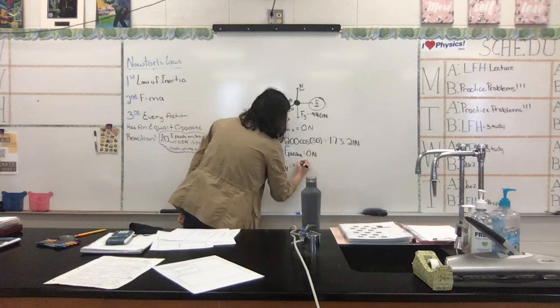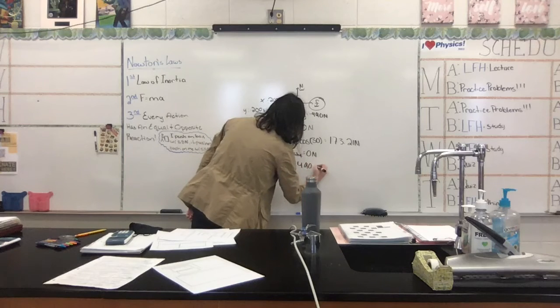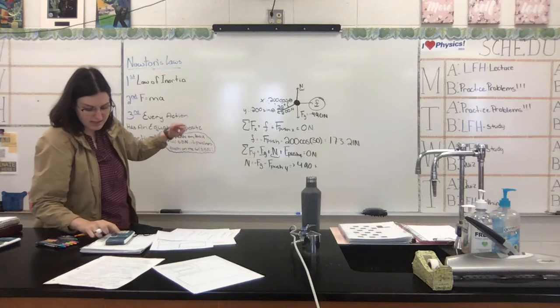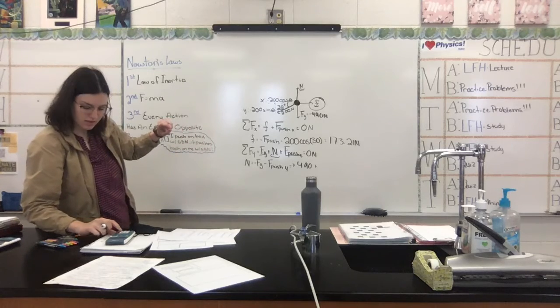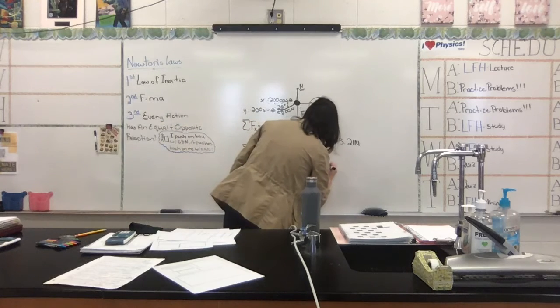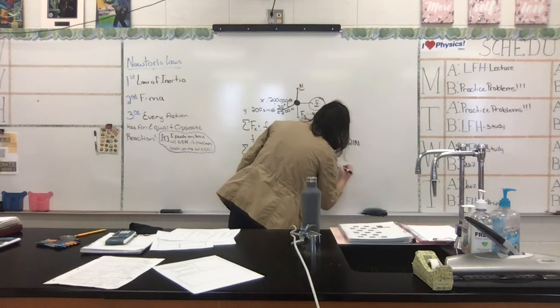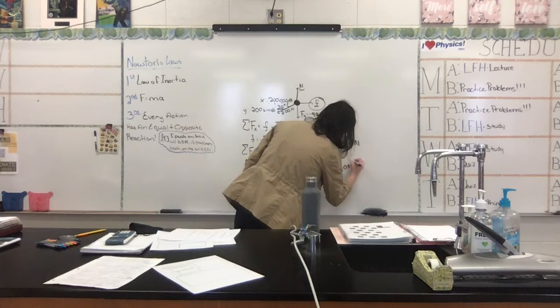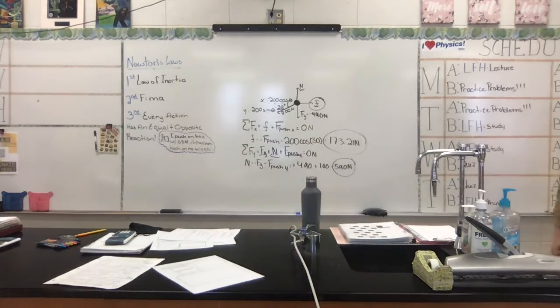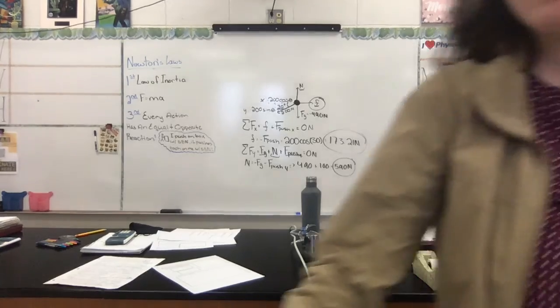So we're going to have 490 plus 200 sine of 30, which is 100, which means that this normal force is going to be 590 newtons. So here we have the answers to number 6.